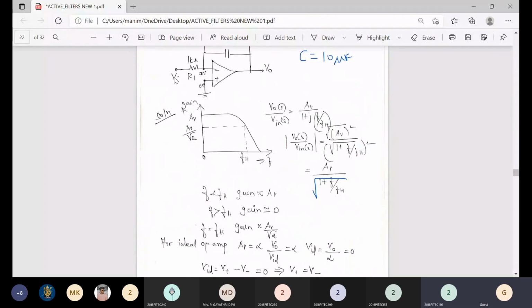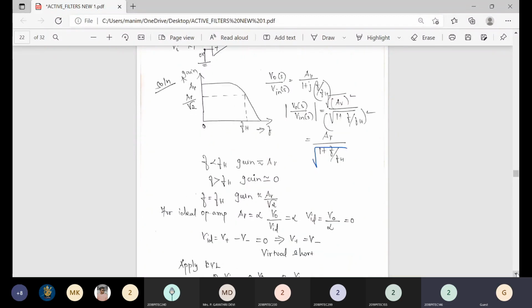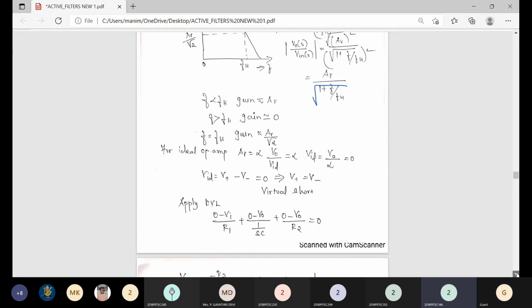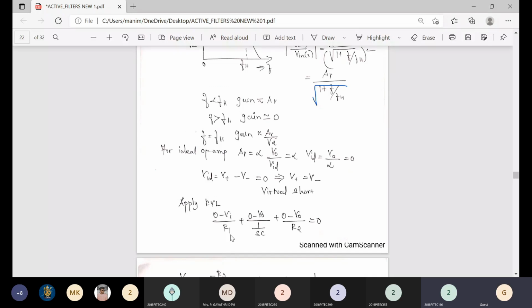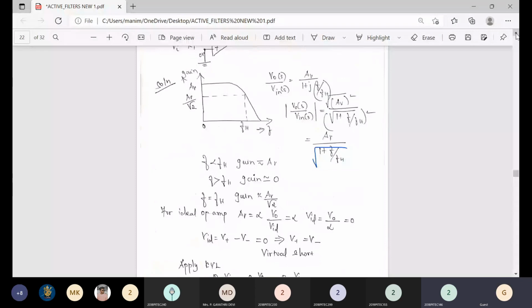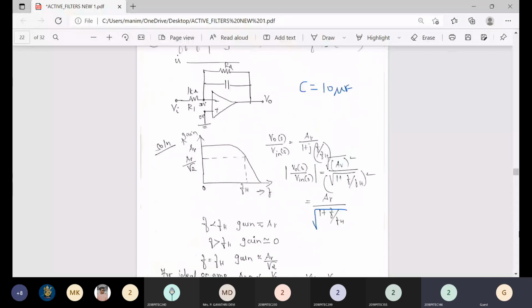So (0 minus V_i) divided by the resistance R1, equals (0 minus V) divided by the capacitance term, 1 by sC, plus (0 minus V_o) divided by the resistance R2.